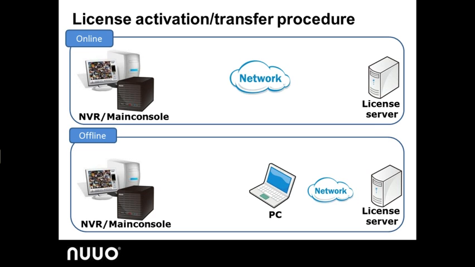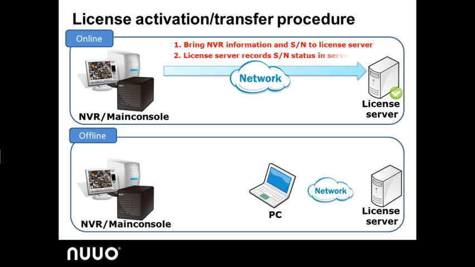For the online method, when you fill in the serial number in the license management page or activation tool and click the Activate or Transfer button, the NVR information and the serial number will be sent to the license server. After that, the license server will check the serial number status and the record on the license server.